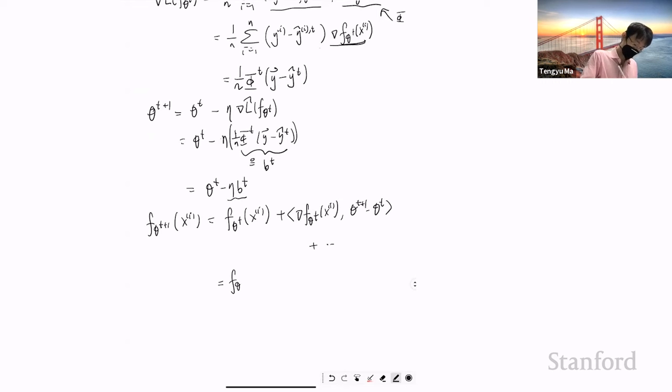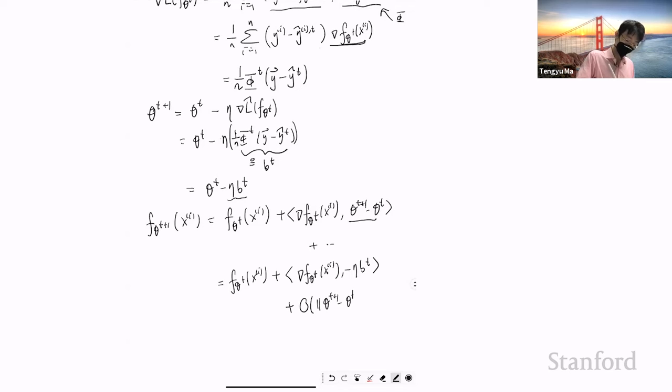So we can write plus the gradient at theta t xi times minus eta bt, plus the second order term, which will be quadratic in this way.